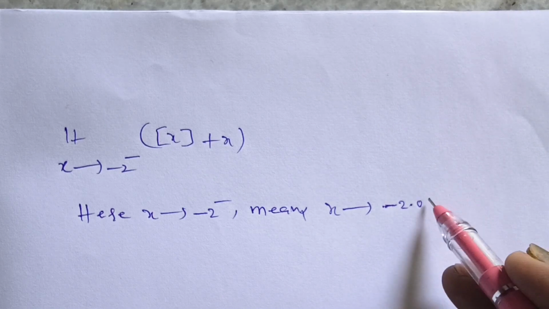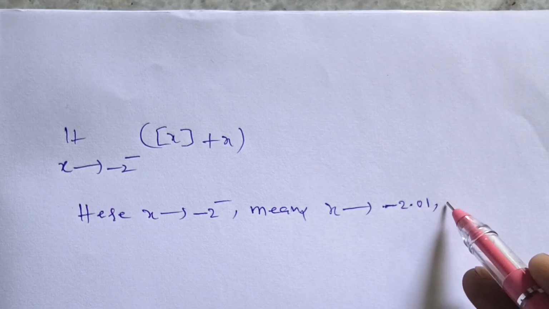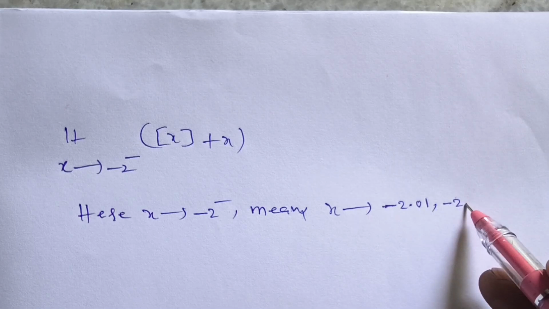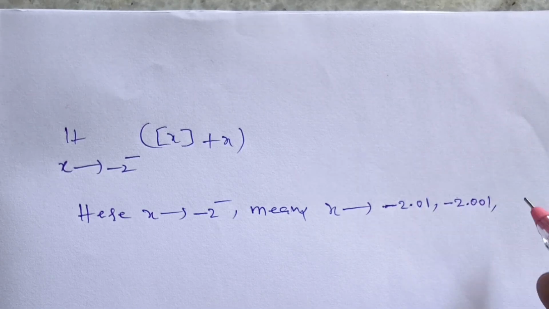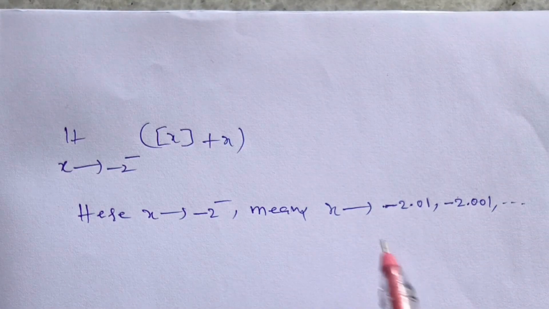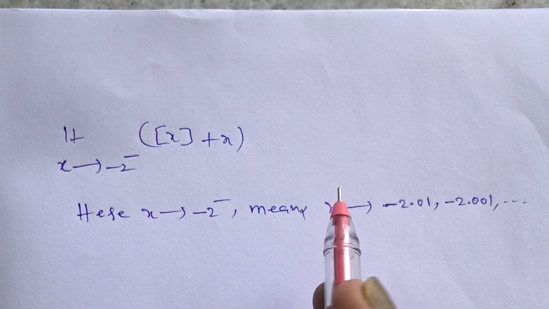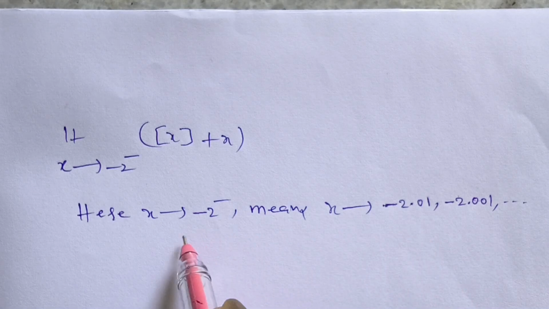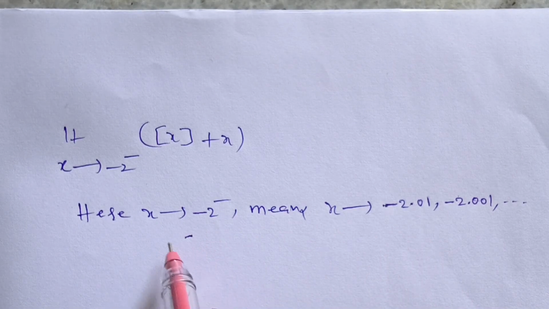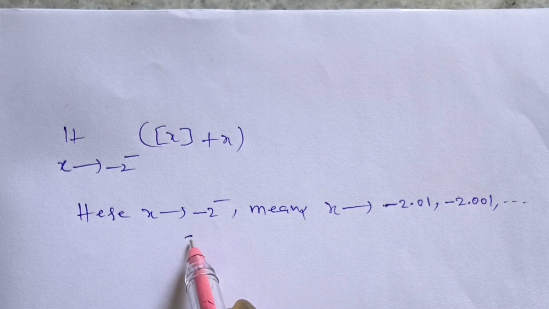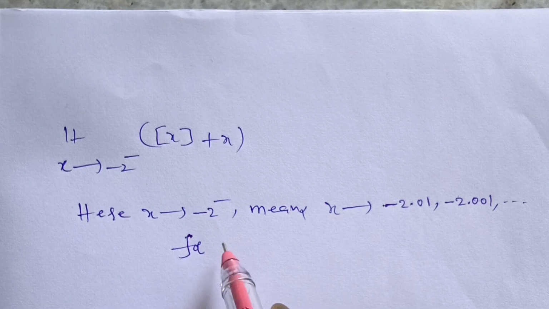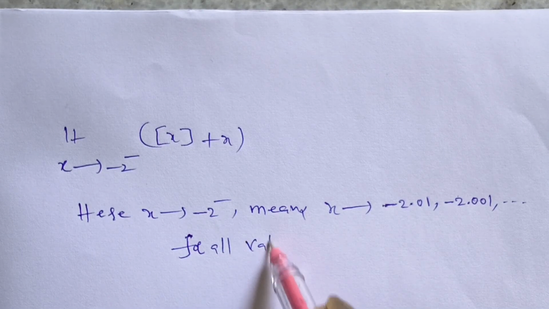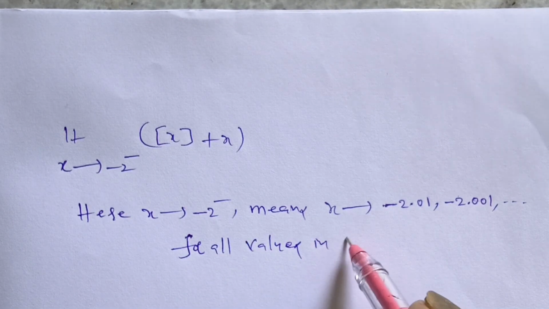Okay. So that's why I am going to write x values as minus 2.01, minus 2.001 and so on, because we take all values which are near to minus 2 and less than minus 2 here.